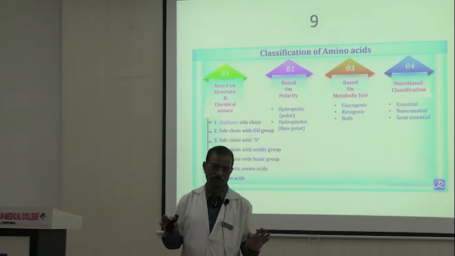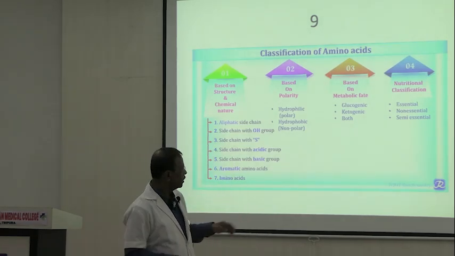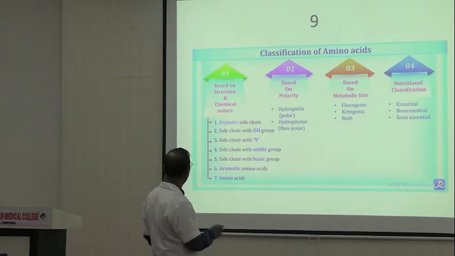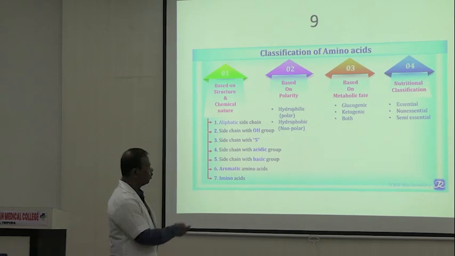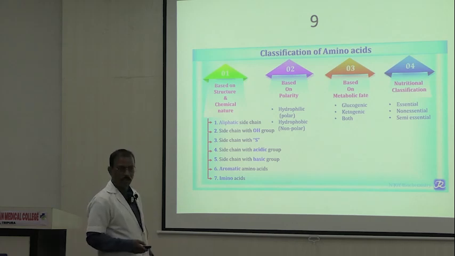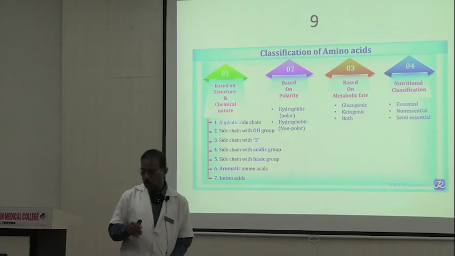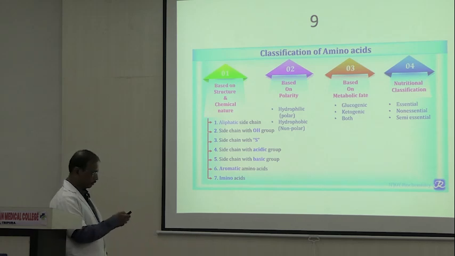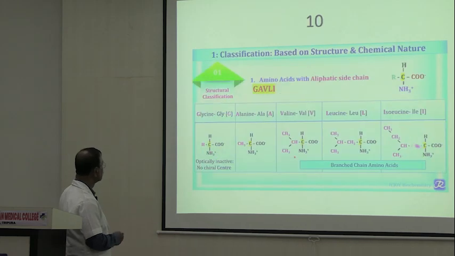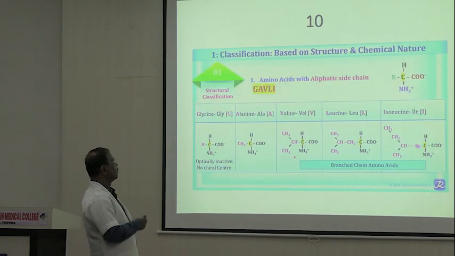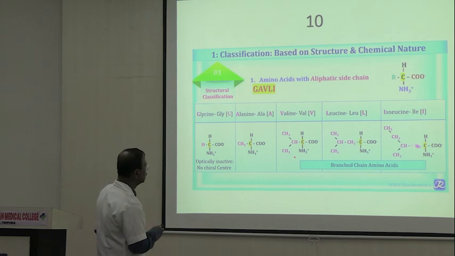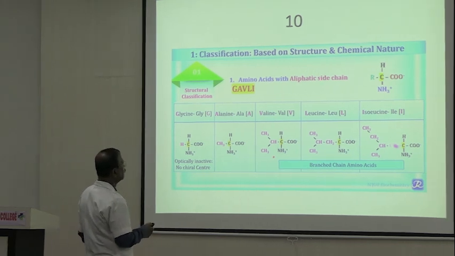You have to memorize, and usually it may come as classify amino acids on the basis of structure and chemical nature, or on the basis of nutritional consideration, or metabolic fate. Like that they will give. So you have to memorize it and should not get confused. Now, classification based on structural and chemical nature. First is amino acids with aliphatic side chain.